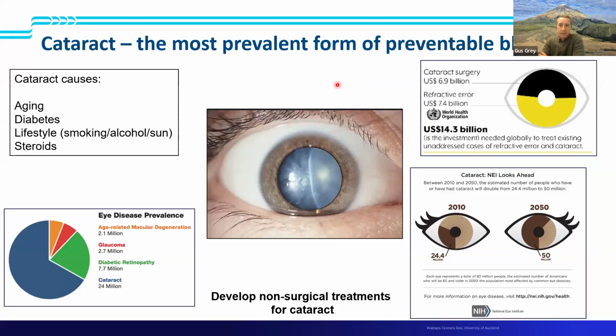Recent statistics out of the US suggest that if we were to try and tackle the current wait lists and the cataract surgery burden in the US, it would cost around $7 billion. However, one of the issues that we're facing is that we have an aging population and increasing prevalence of diabetes. So that cataract surgery burden is only set to grow, and those wait lists are set to increase.